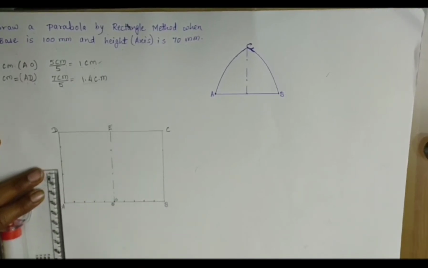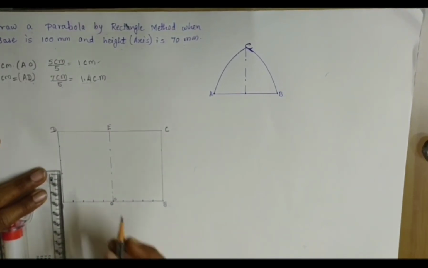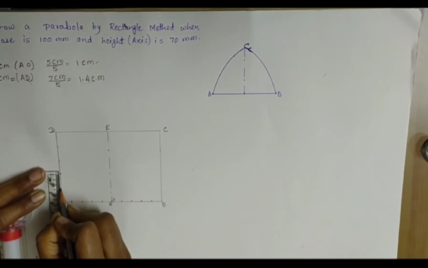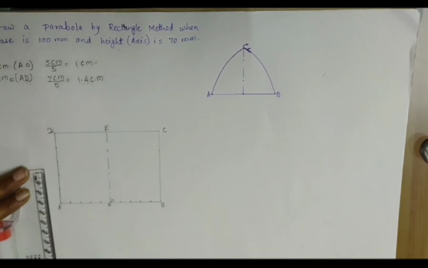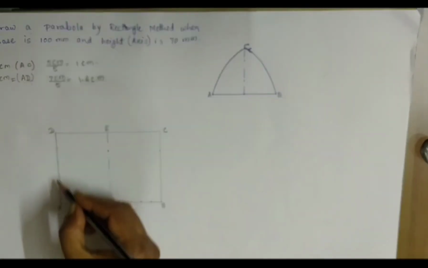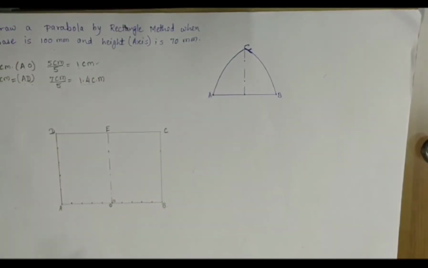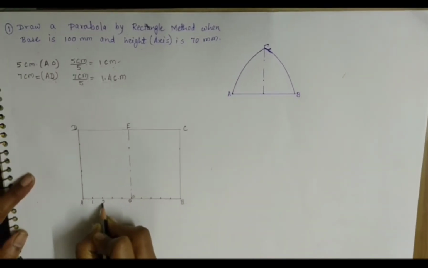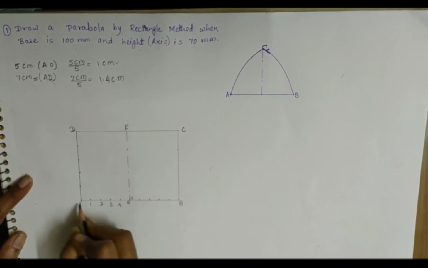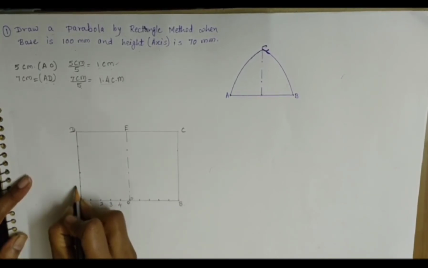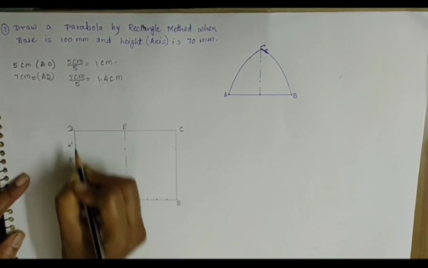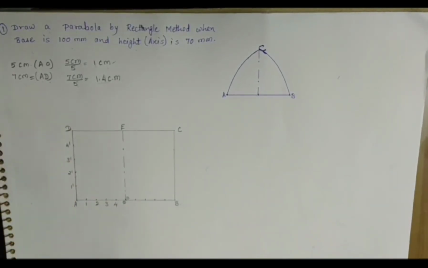We can divide it with the help of a divider also. Now in this way we have completed this and we will give the naming as 1, 2, 3, 4 to the AO line and 1 dash, 2 dash, 3 dash, 4 dash in the AD line.